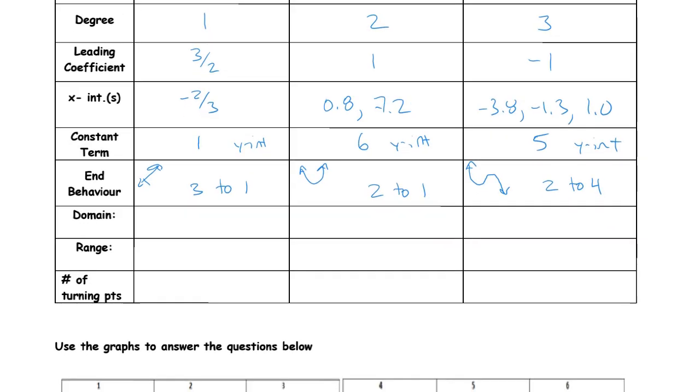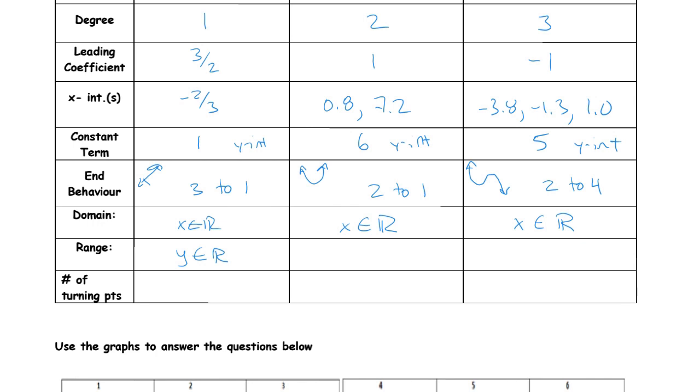The domain for my linear is going to be all reals. The domain for my quadratic is going to be all reals. And the domain for my cubic is going to be all reals. The range for my linear is going to be all reals. The range for my quadratic, though, is going to depend on the minimum number that I get.